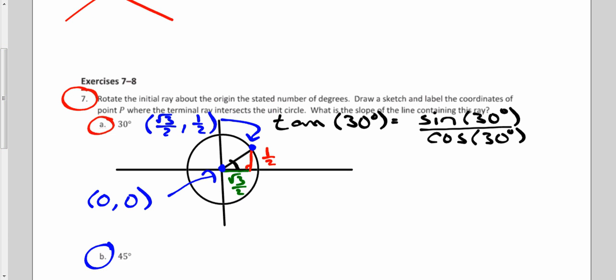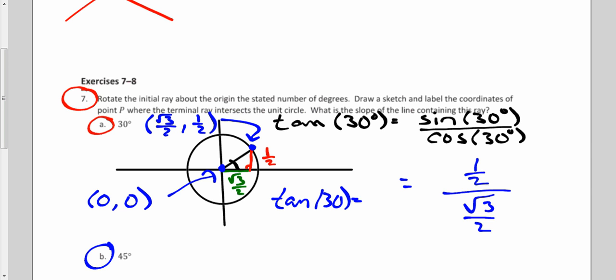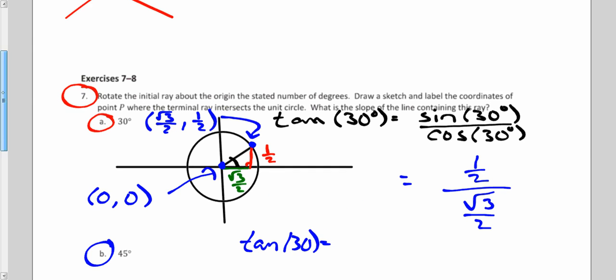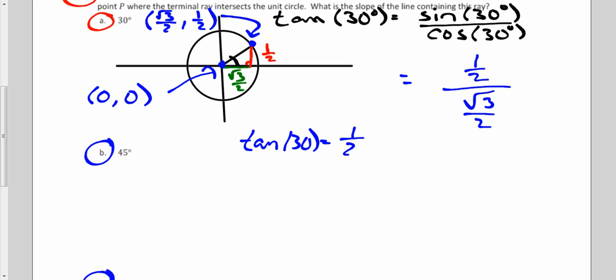All right. So, what is the tangent of 30? Well, it's 1/2 divided by root 3 over 2, right? How do I divide a fraction by a fraction? Times the reciprocal. Very good, Kaya. So, tangent of 30 equals 1/2 times the reciprocal of root 3 over 2, which would be 2 over root 3.